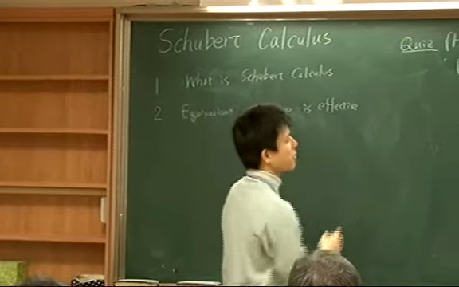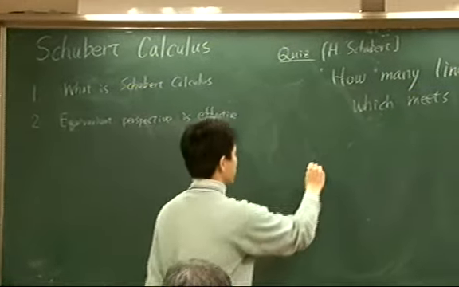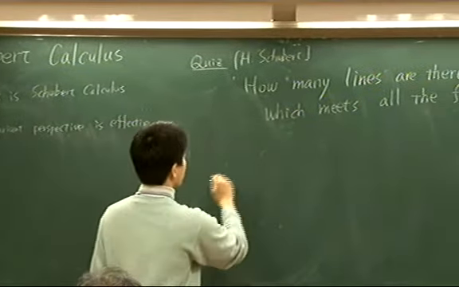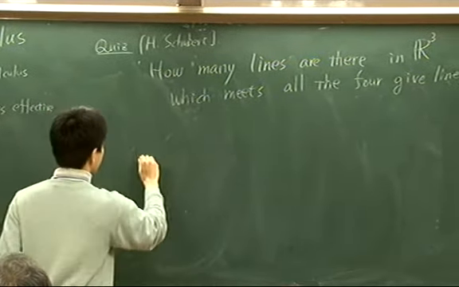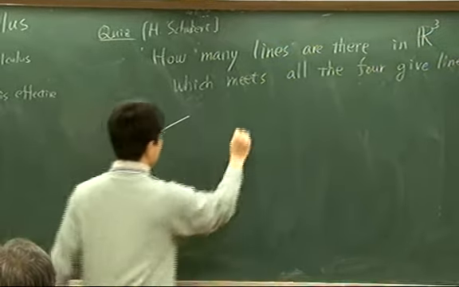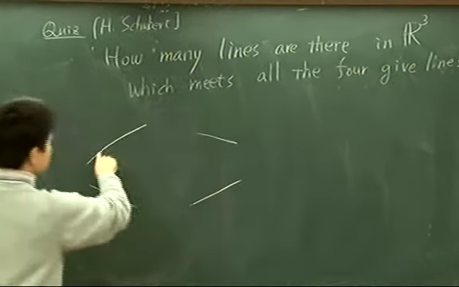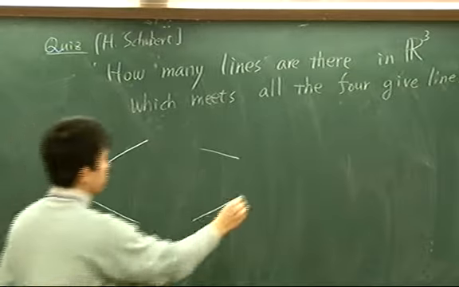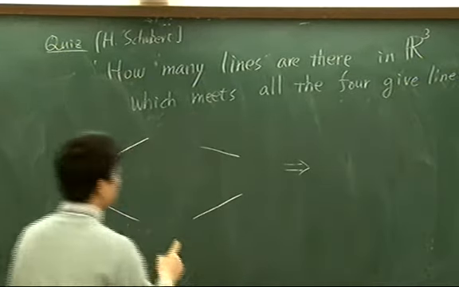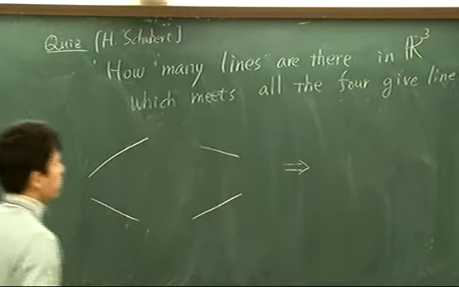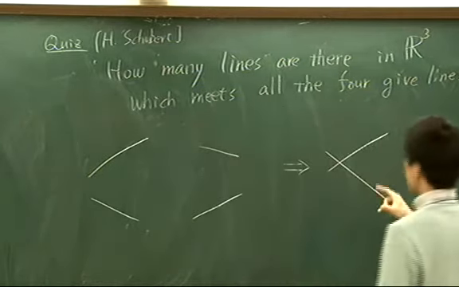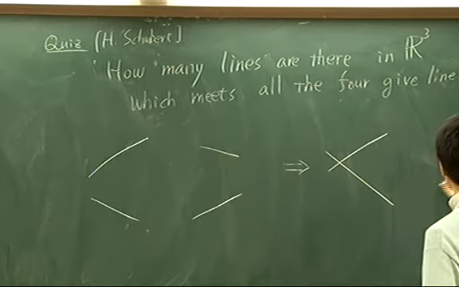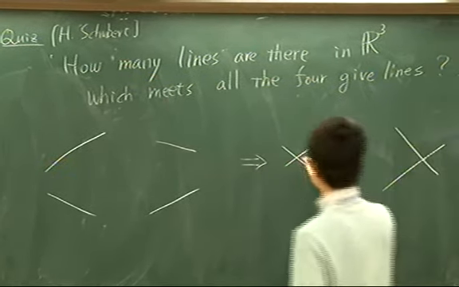So how can we solve it? First, we divide the four given lines into two pairs, and move those two pairs continuously so that each pair has an intersection.